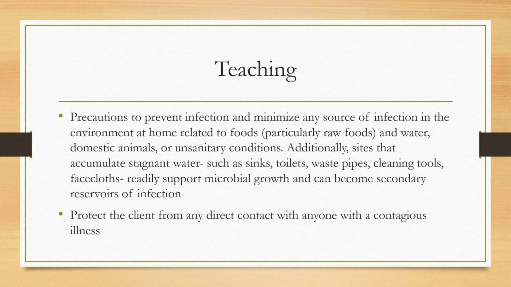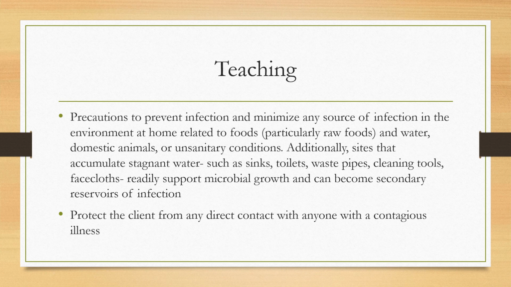So patient education, again, because this is something that is going to be lifelong, a lot of patient education is intended. We are going to educate on precautions to prevent infection and minimize any source of infection in the environment at home related to foods, particularly raw foods, because that's going to put them at a risk.